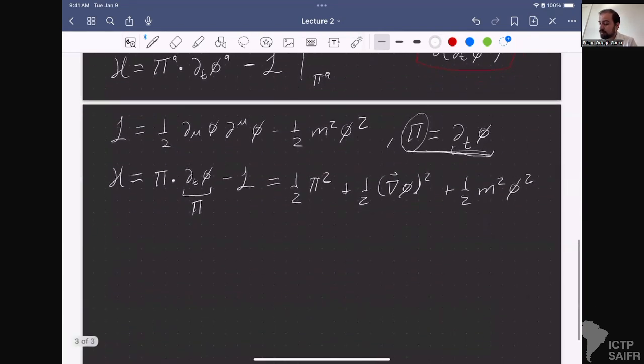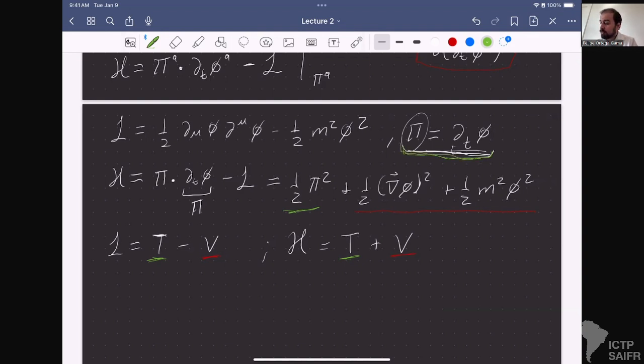And something that you can notice if you compare this to the classic formulation of the Lagrangian, where you have kinetic energy minus potential energy, or the Hamiltonian, where you have kinetic energy plus potential energy, is that this term, the potential energy over here, can be identified with this part of the Lagrangian, whereas the kinetic energy is only the time derivative piece.